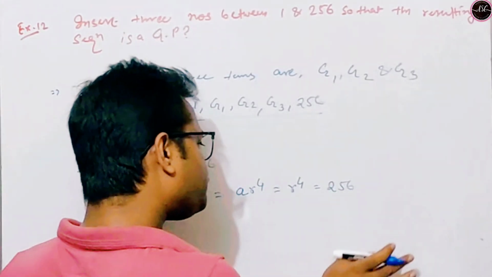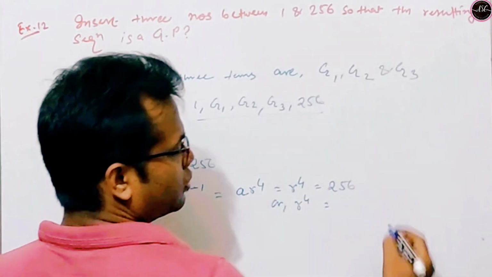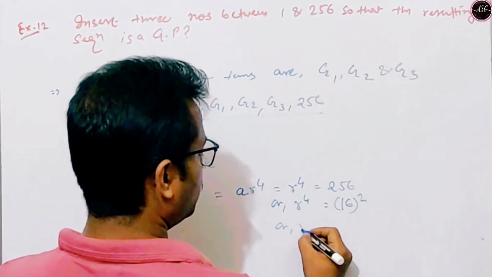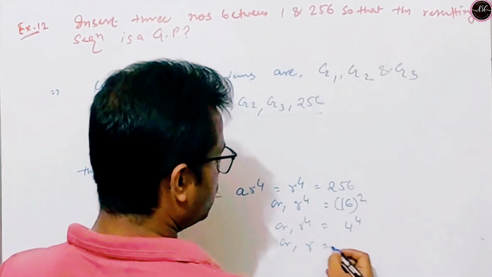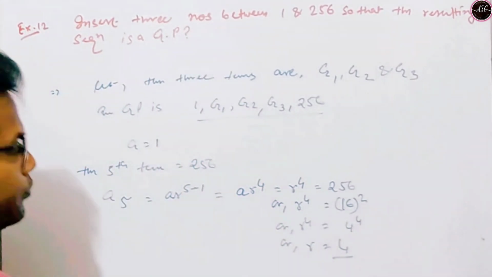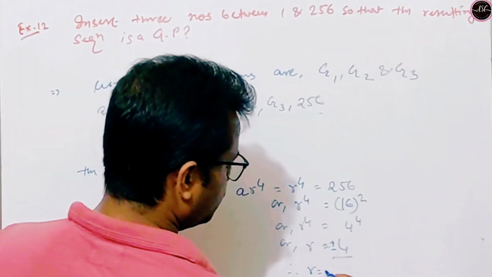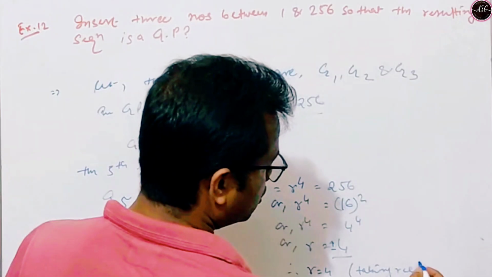Just calculate. r to the power 4 equal to 4 to the power 4, or r equal to plus minus 4, sorry. So therefore r equal to 4 when taking the real root.